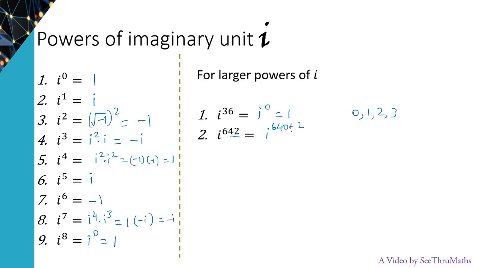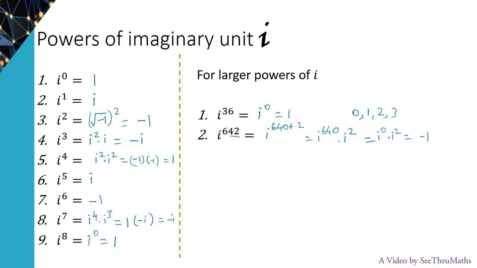The 640 is divisible by 4, so I write i power 640 multiplied by i power 2. Since i power 640 is divisible by 4, it is equal to i power 0. So i power 640 is i power 0 into i power 2. Whenever I see i power 0, I will not write it again. It is 1. i power 2 is minus 1.